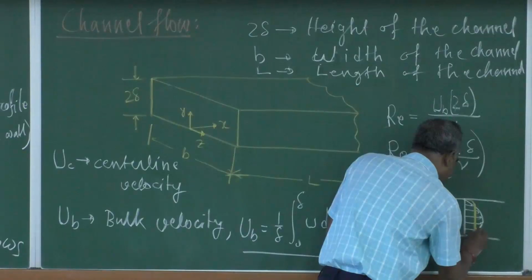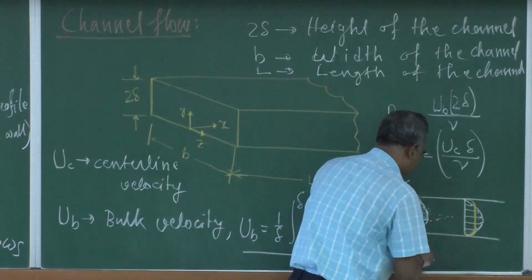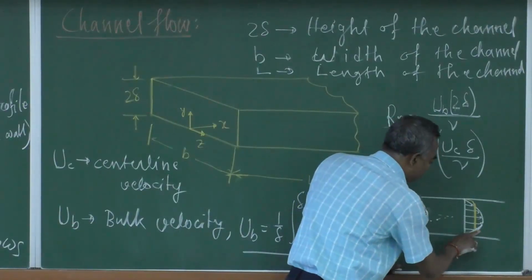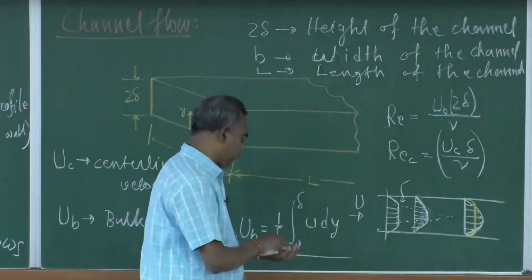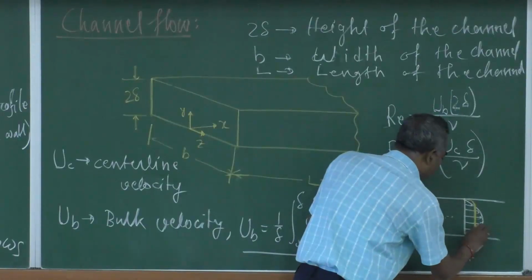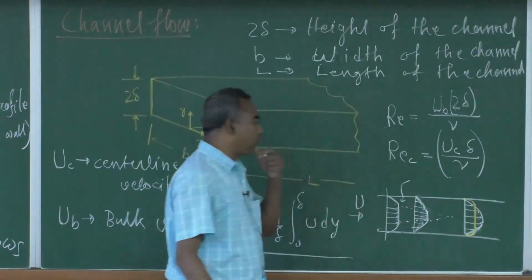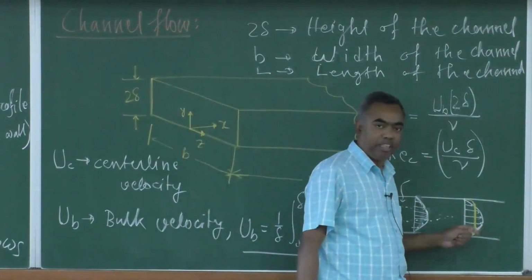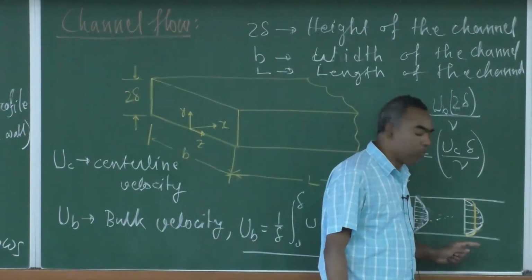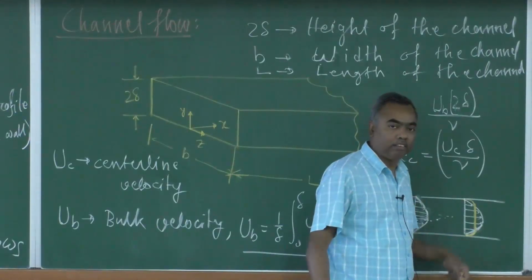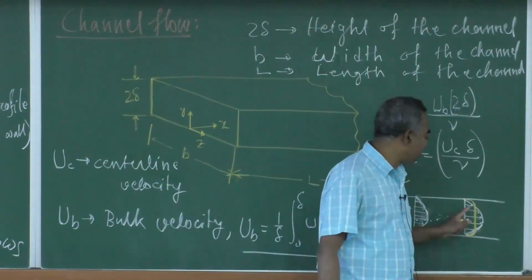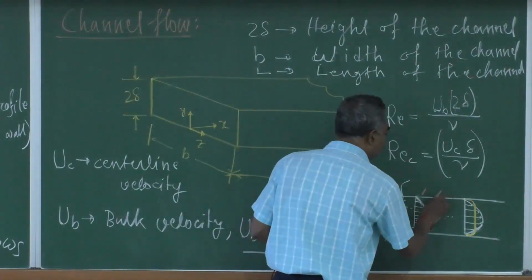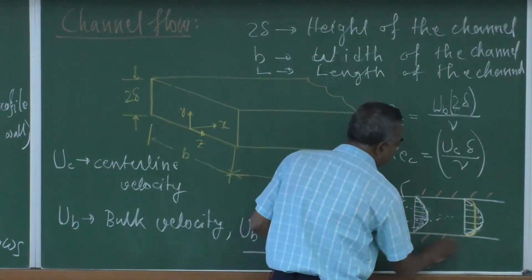This white line is your laminar profile, and the yellow line is your turbulent velocity profile. The profile takes this shape due to enhanced mixing in the flow. Enhanced mixing means enhanced turbulent diffusion. The profile will be something like this in a channel flow, and of course these are the channel walls.